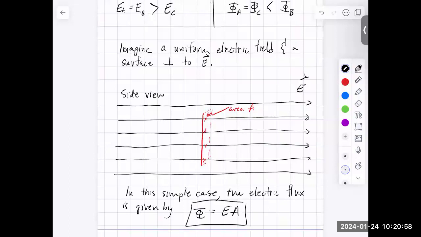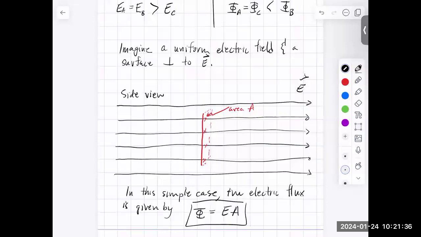All right, so what I want to imagine now is that we take this exact same electric field, we take the exact same surface, and all we're going to do is change the orientation of the surface. If it was perpendicular to the field to start, we're just going to tilt it at some angle. And you could probably guess what's going to happen. Let's imagine the pivot is on the bottom, so the bottom edge remains fixed, then I just tilt it down.